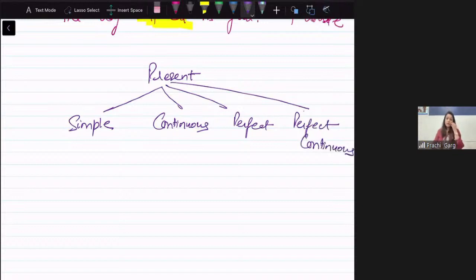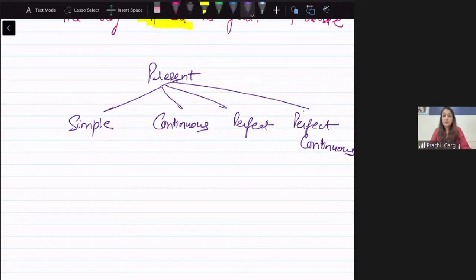So even if you're talking about the present tense, there are four more bifurcations that tell you about the exact time of the action, right? So now simple tense, continuous tense, perfect tense, and perfect continuous tense. Now this further tells you about the time of the event, right?